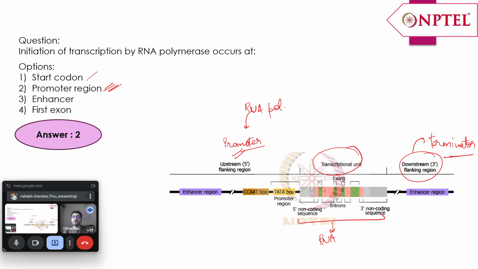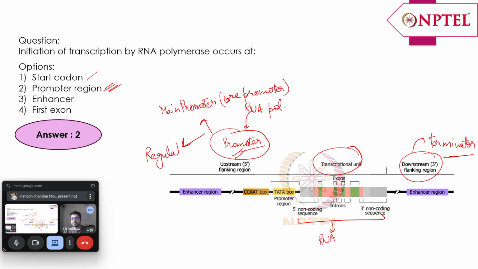Now, in both eukaryotes and prokaryotes, the promoter region consists of two things: the main promoter or the core promoter, and the second component, the regulatory region. In this regulatory region, there are some proteins that help in the regulation of transcription, for example the enhancer region.